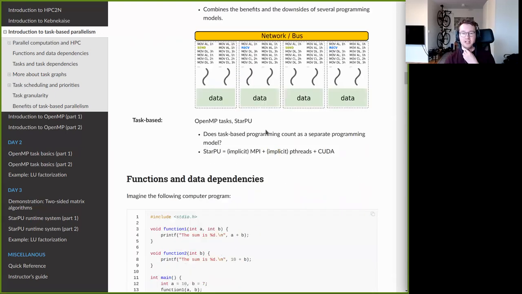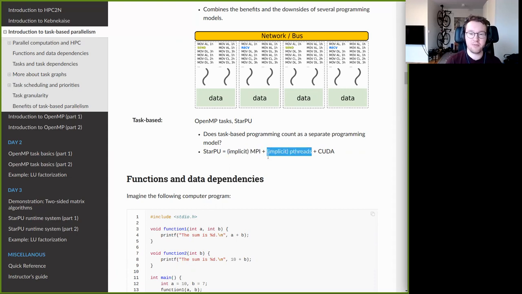And then finally, we have task-based, which maybe is its own programming model. You might be using OpenMP tasks or StarPU. And the question is, is it a programming model, and what programming model is it? With OpenMP tasks, you're running on a single node in shared memory, so you're basically doing multi-core programming. But with StarPU, you can actually do implicit MPI, implicit pthreads.